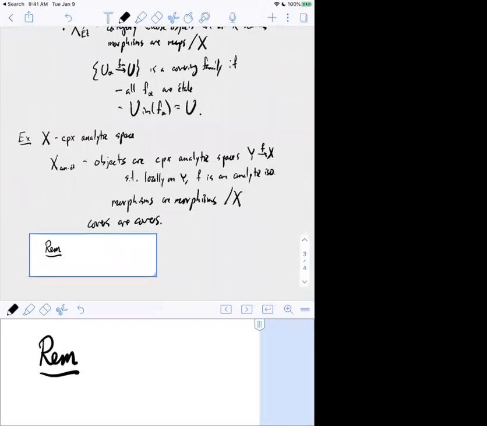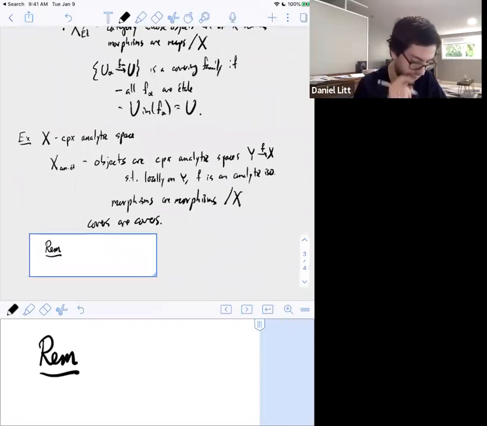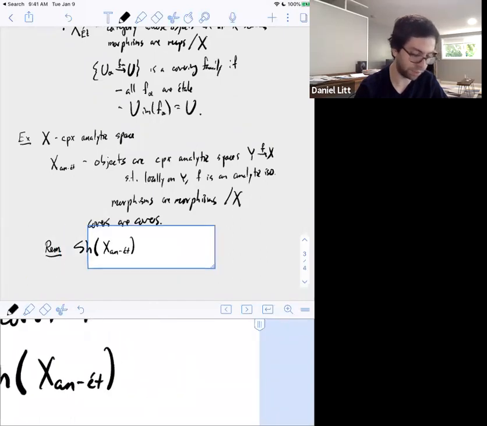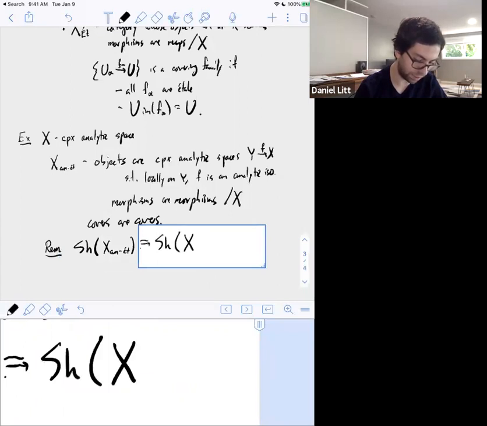And so maybe just a remark. We haven't said what it means to be a sheaf yet, but I want to give you an example. I want to make a remark about this topology to show you that Grothendieck topologies behave in sometimes unexpected ways. So the category of sheaves on the analytic Étale topology of a complex manifold, say, is canonically equivalent to the category of sheaves on just the underlying topological space.